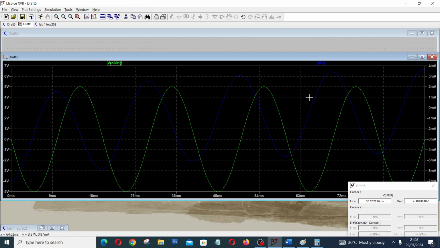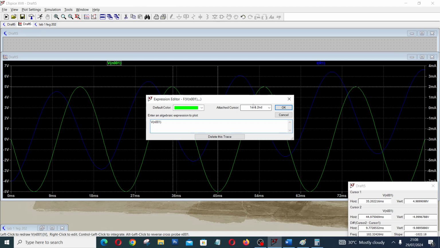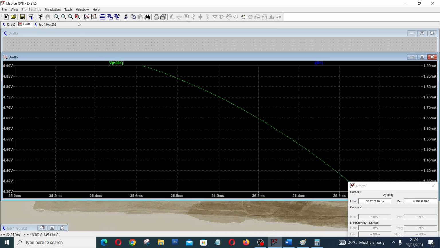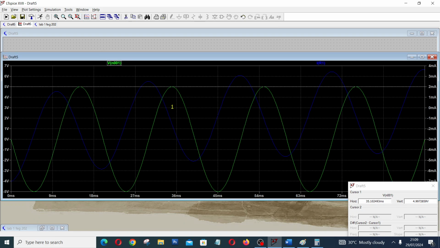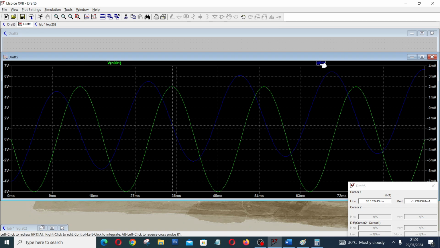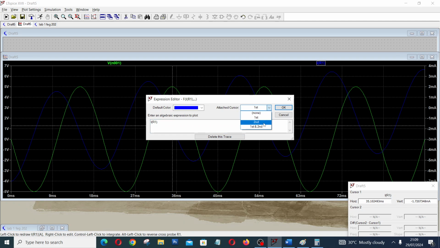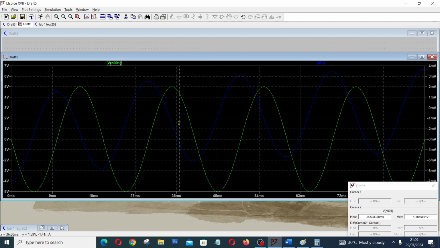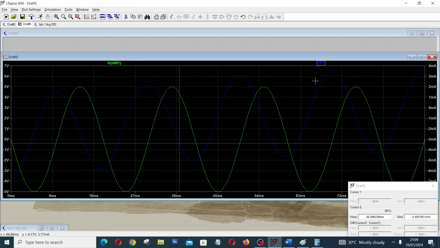Let's give it cursor 1, tracing the voltage waveform. Let me assign cursor 2 to this one, so that you can trace the current waveform.